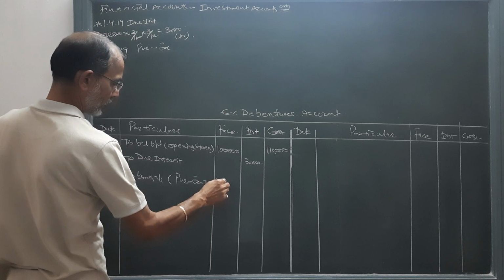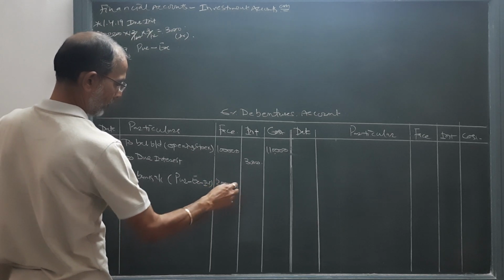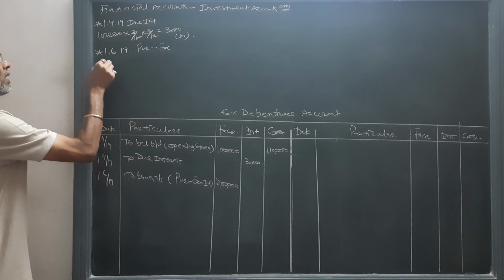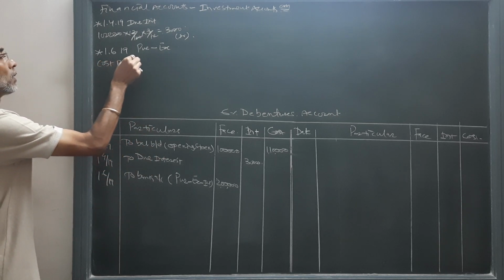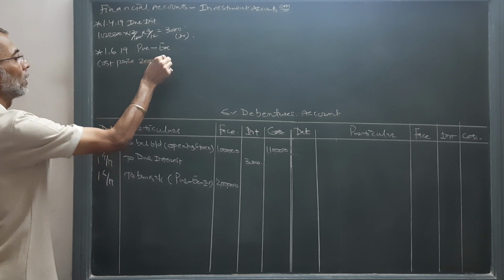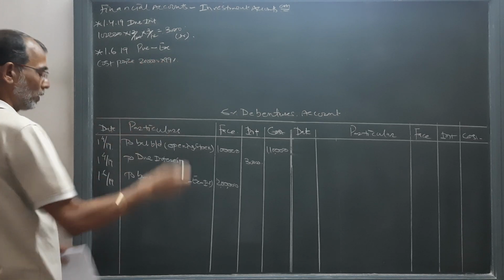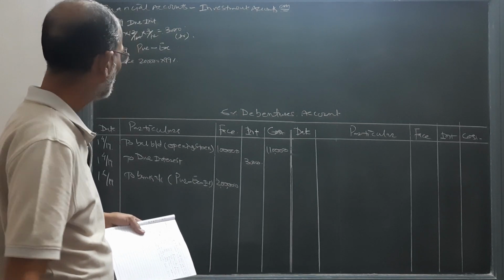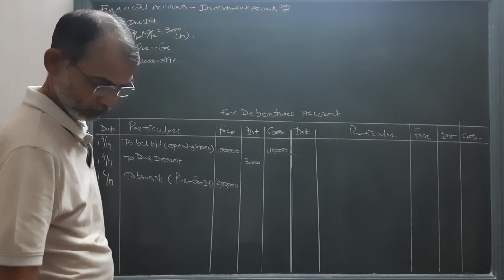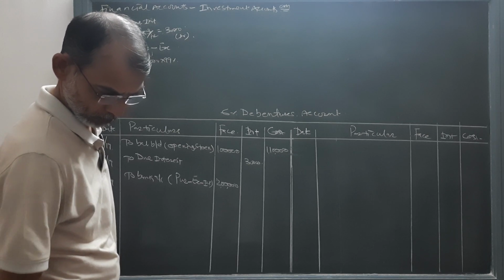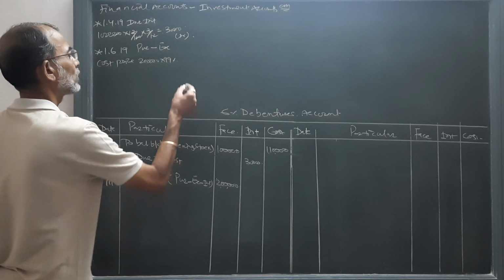Face value is 2 lakh. Now cost price: 2 lakh into 99%, so that will be 1,98,000.